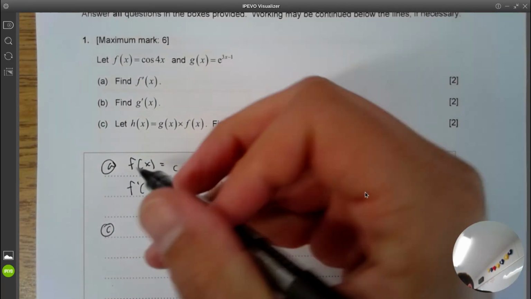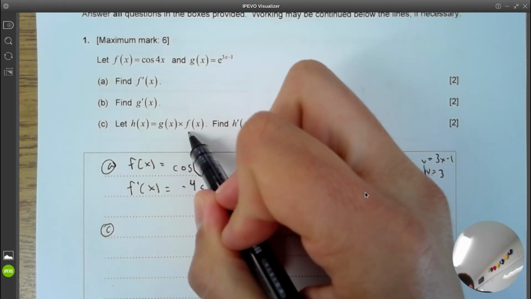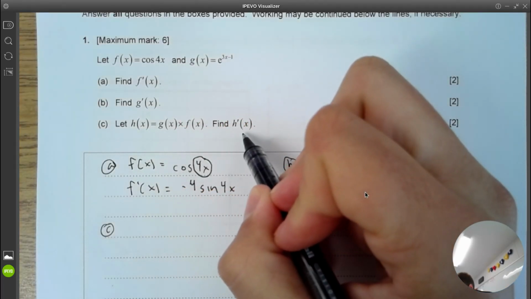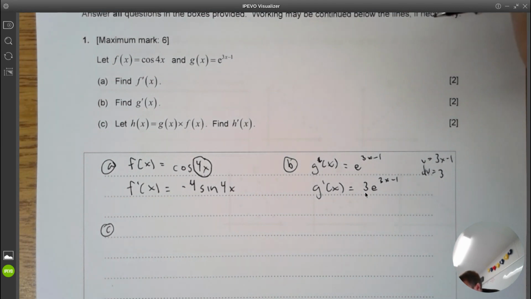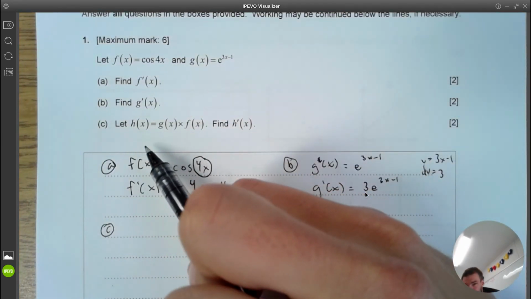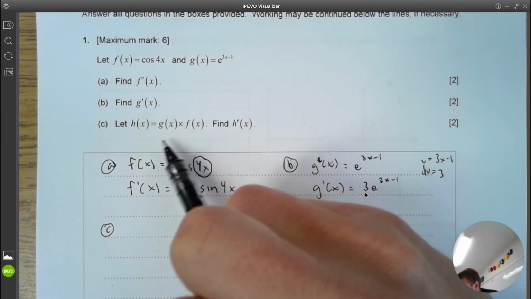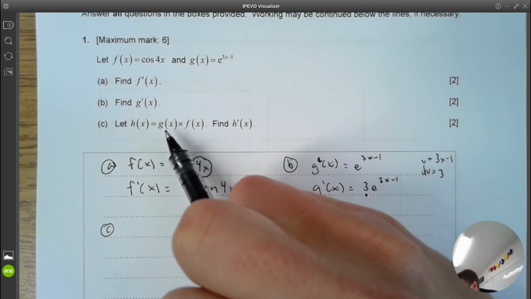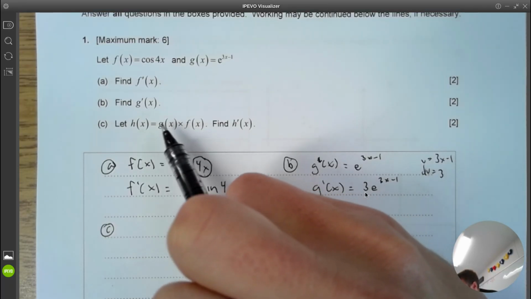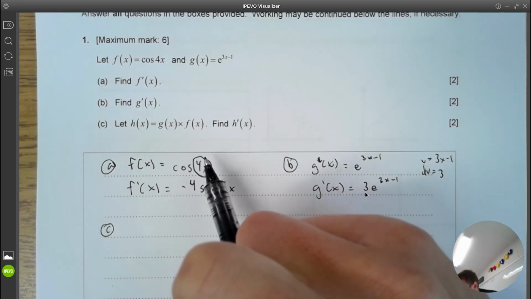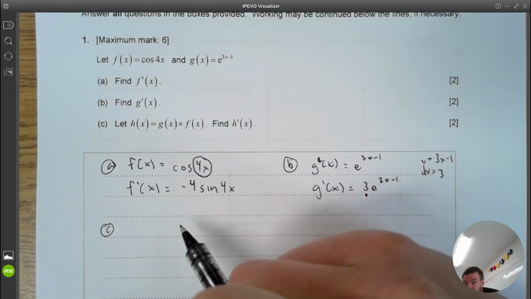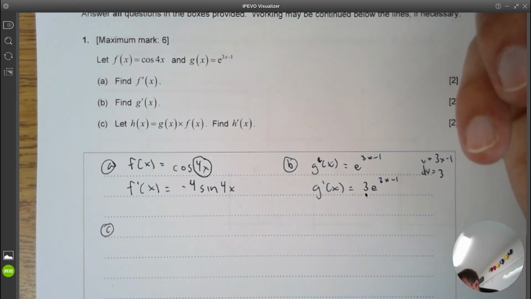Getting down to C, let h equal g of x times f of x, find h prime. I'm thinking that even though this looks complicated, this is just telling us to multiply g and f together and take the derivative when they're multiplied together. That tells me that I need to do product rule.